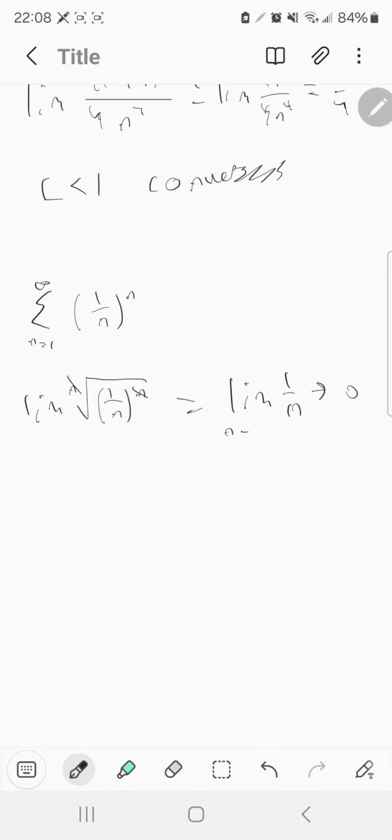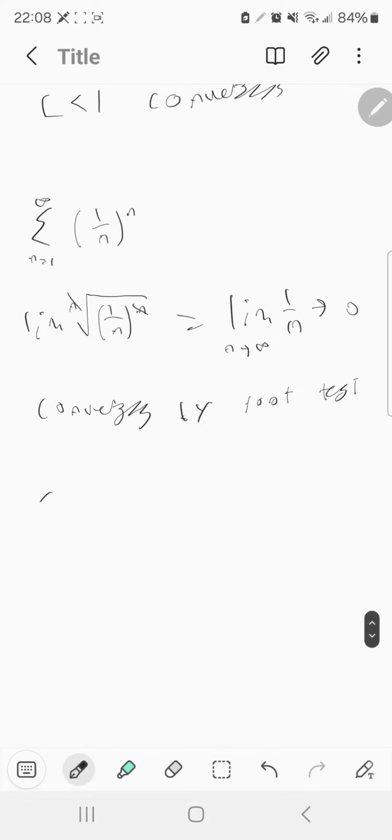Right? Limit as n approaches infinity, because we're going to get bigger and bigger numbers on the bottom, while the top remains the same. So this converges by root test.